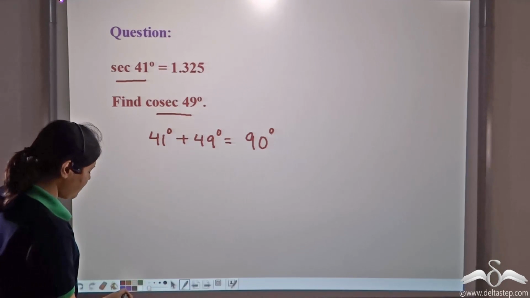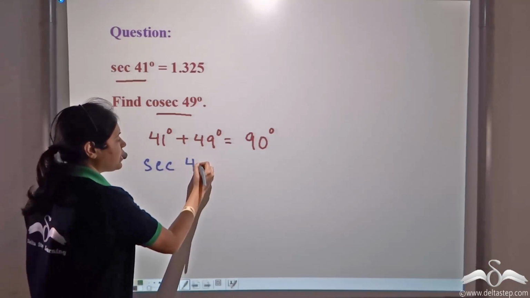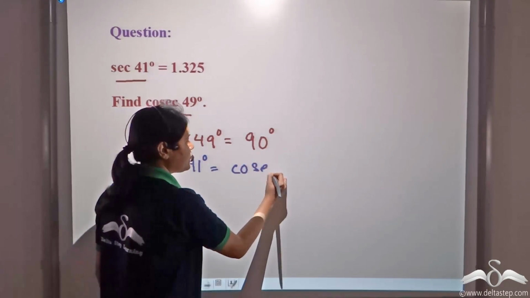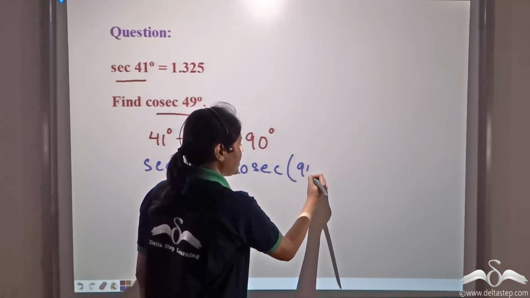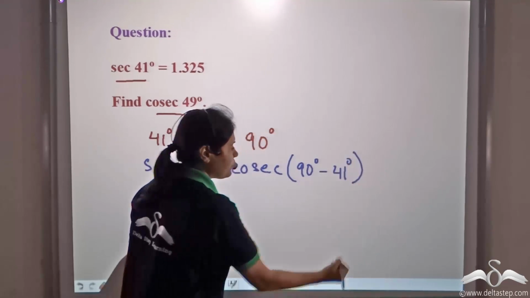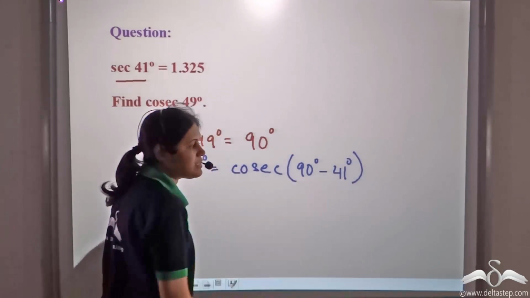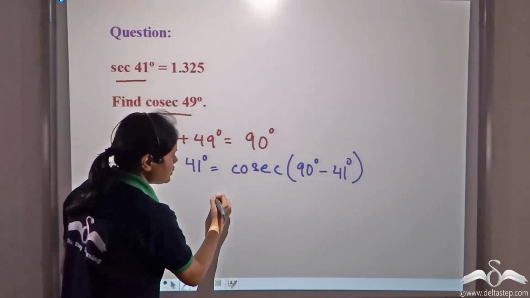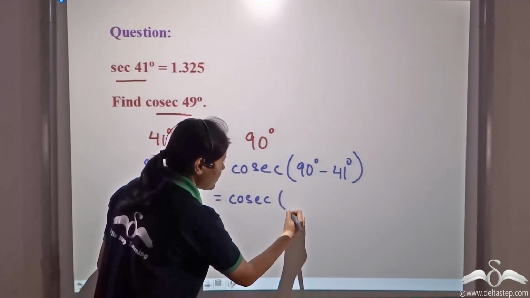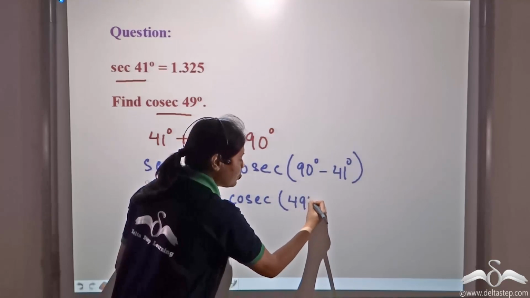So we have sec 41 degree is equal to cosec 90 degree minus 41 degree, because sec theta is equal to cosec 90 degree minus theta, which is equal to cosec 49 degree.